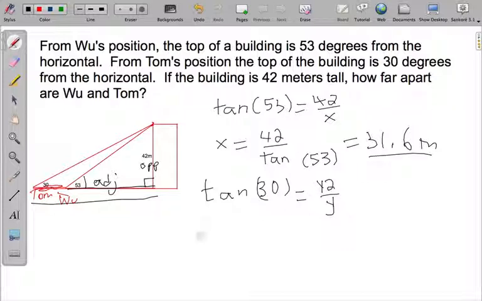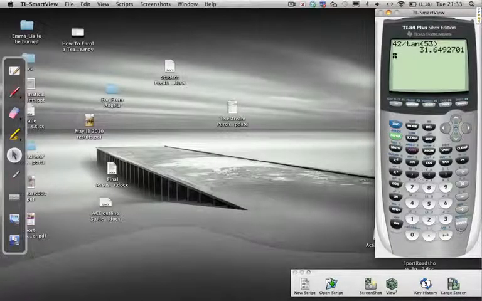So again, using our algebra, 42, the opposite, divided by tangent of 30 is going to give the whole distance from Tom to the building. Okay, so in this case, we're going to use tangent of 30. Okay, so that's 72.7.